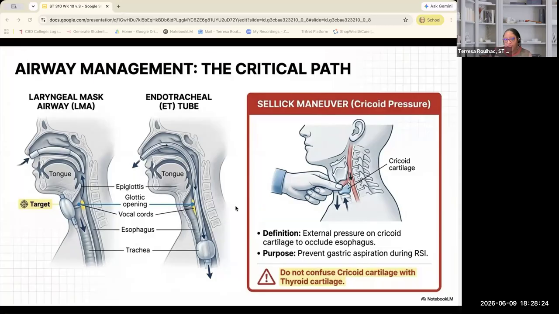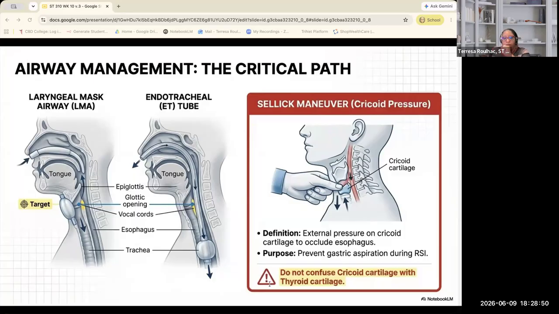What would happen if the airway was not protected? Think about it, the procedure cannot move forward without a protective airway. Okay, exactly.